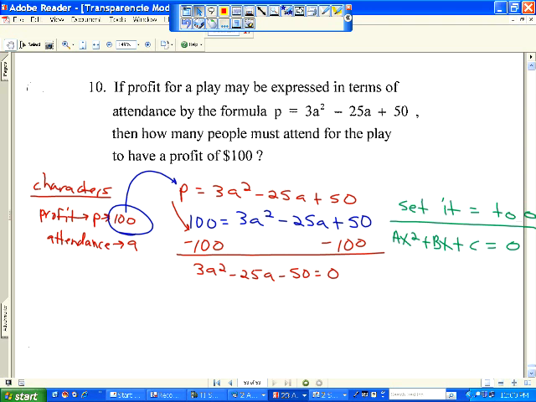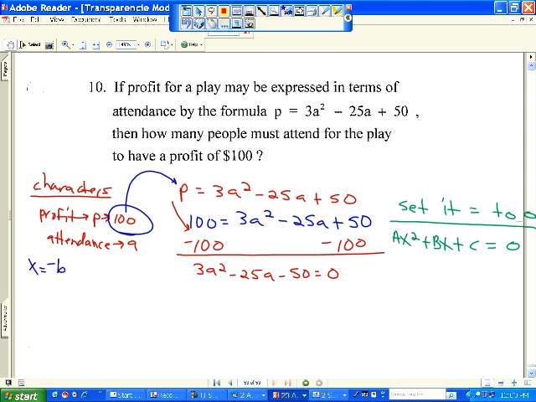We can solve by graphing, by factoring, by completing the square, or using the quadratic formula. I'm going to use the quadratic formula because it hasn't been used on this review yet, I don't think. Anyway, so the quadratic formula is what?